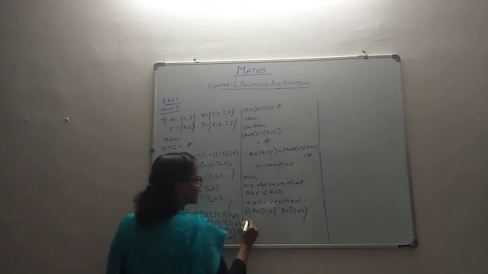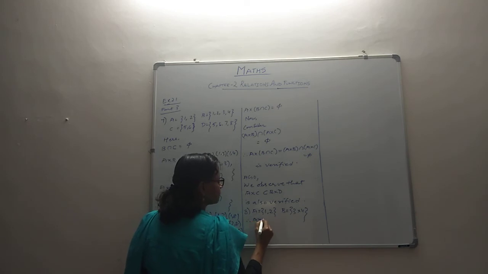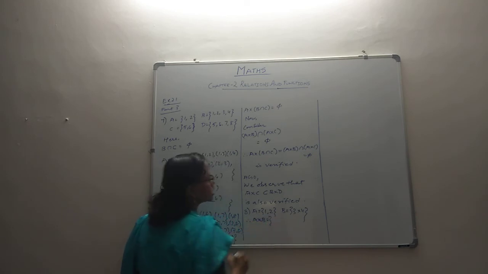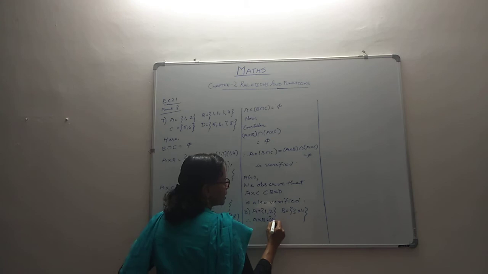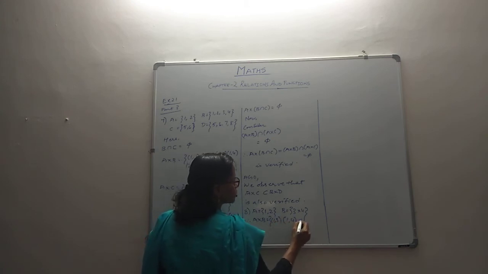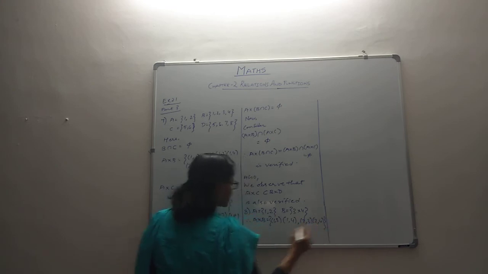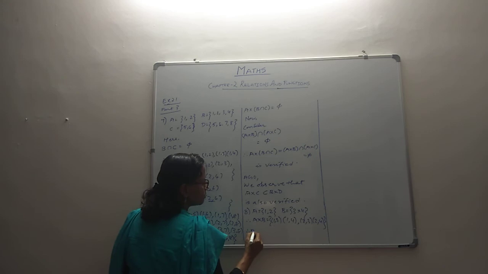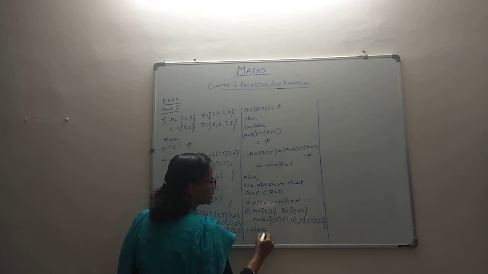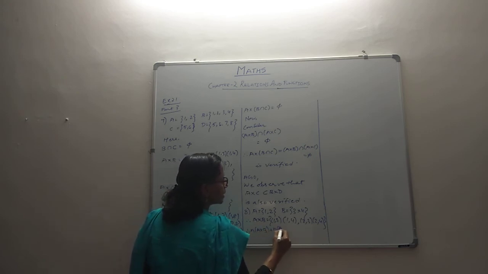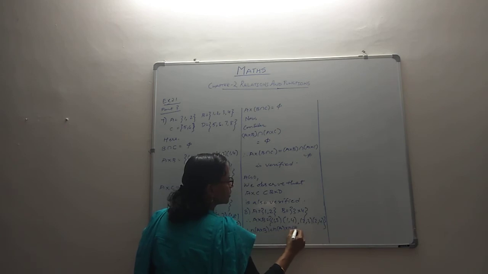So the first thing they ask us to find is A cross B. A cross B is easy: it is (1, 3), (1, 4), (2, 3), (2, 4). Therefore, how many elements do we have in A cross B? We always know it is the number of elements in A into the number of elements in B, that is 2 into 2, 4.